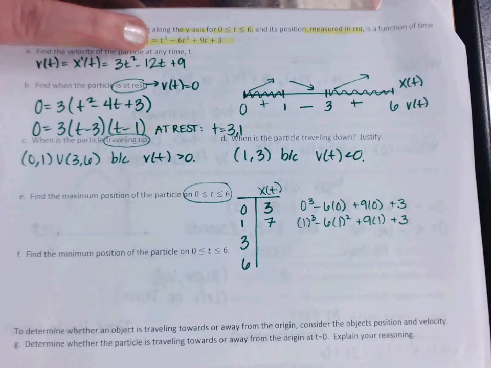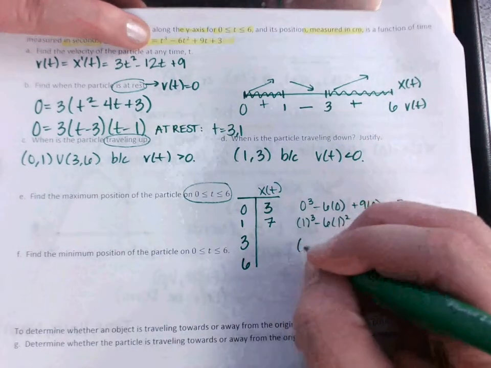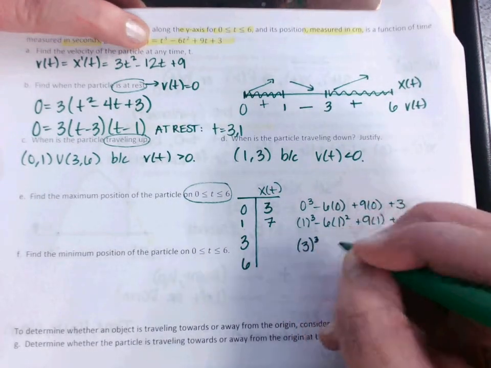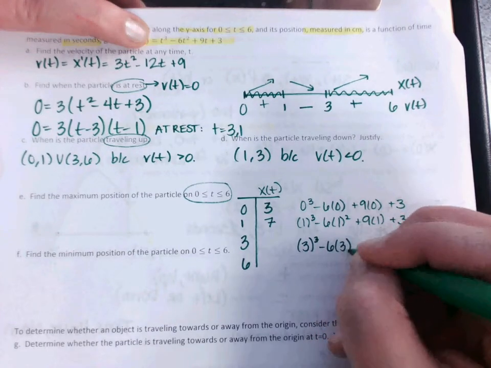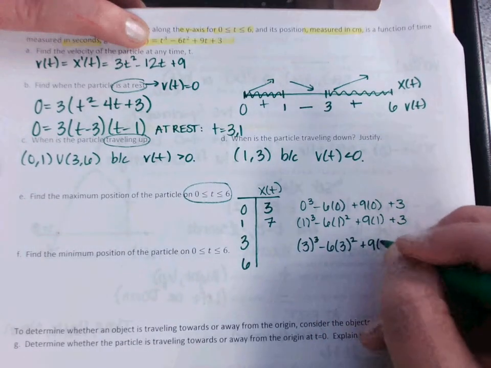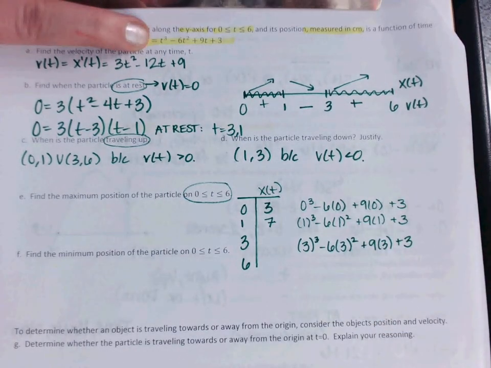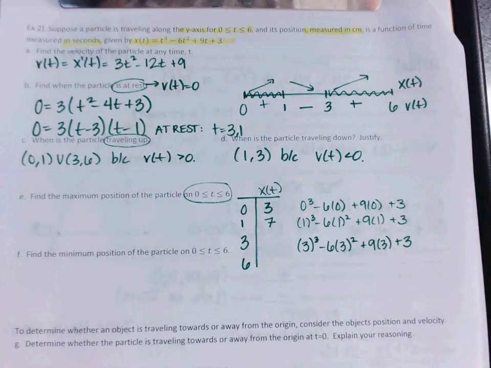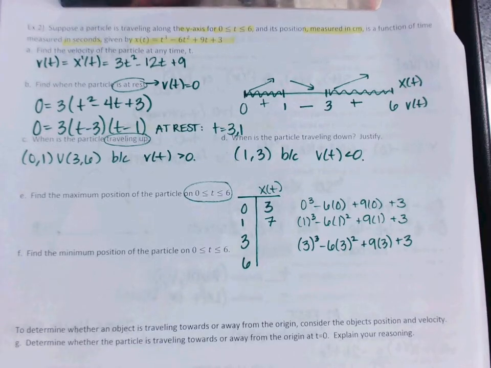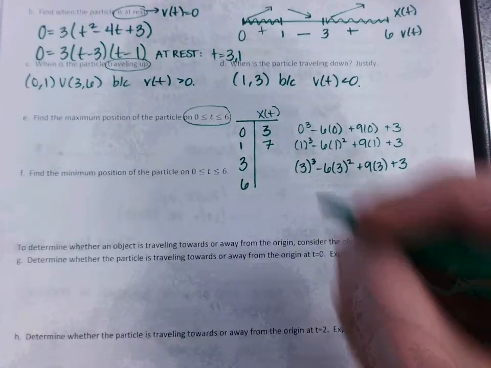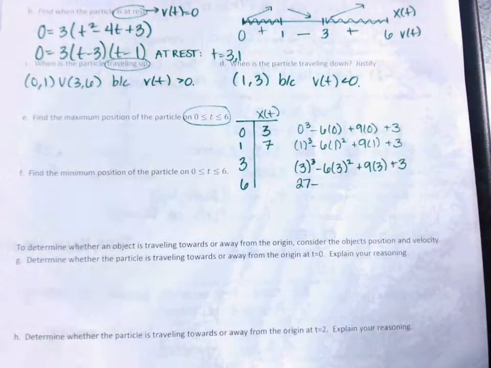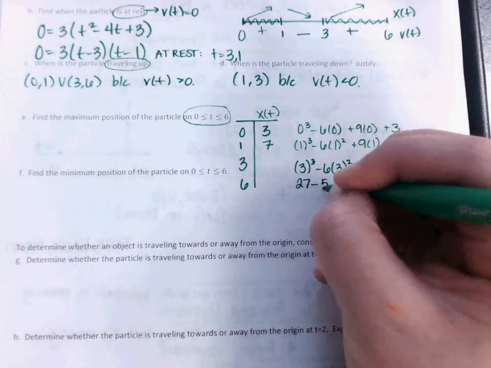Okay, next one. 3 cubed minus 6 times 3 squared plus 9 times 3 plus 3. Now, on your homework, do I care if you use a calculator for this? Absolutely not. Don't care. Okay, but on the AP test, they could give you numbers like this. Probably they wouldn't make it this annoying. Okay, so 3 cubed is 27. 6 times 9 would be 54.